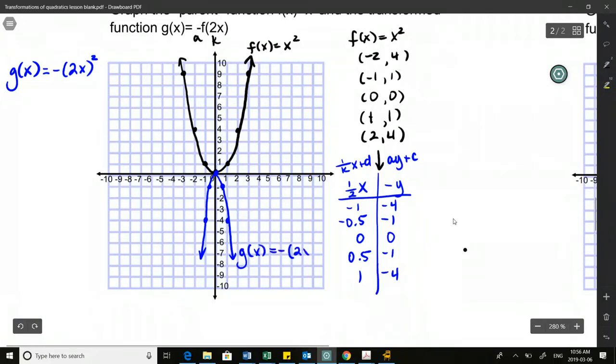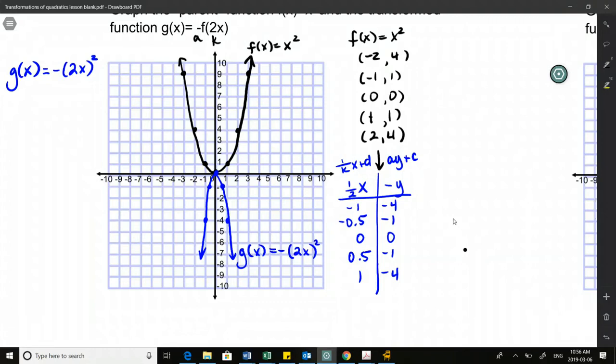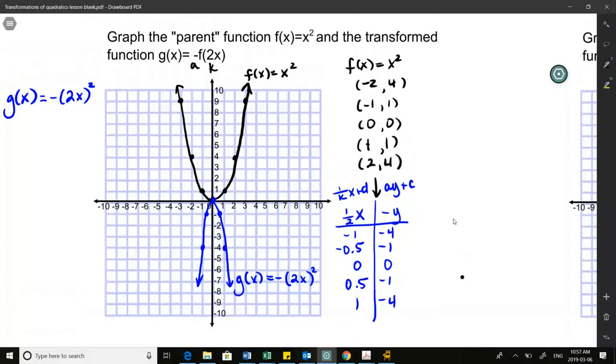So remove the f, and then a squared goes on the outside of that bracket. Questions for this guy?